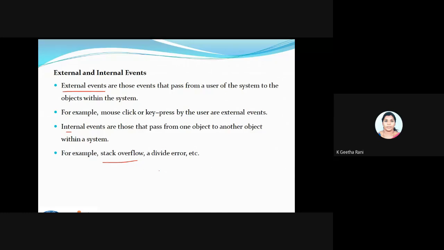An external event is something a user performs on a system from the outside. An internal event is an event occurring within a system, such as the system handling stack overflow and divide errors. So these are the two main categories of events: internal and external events.